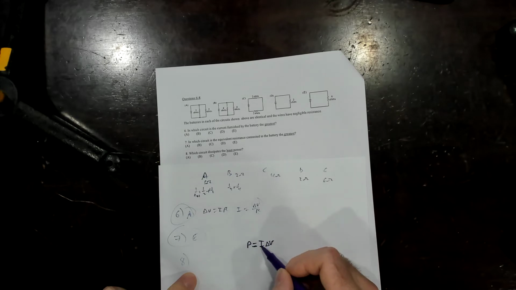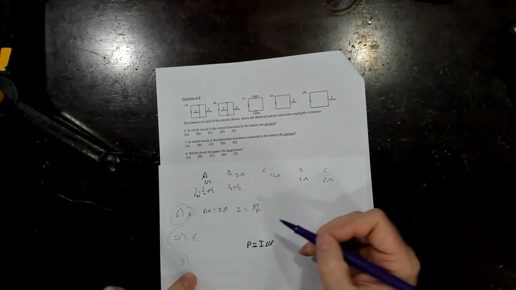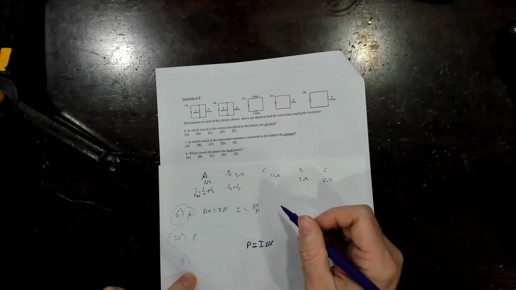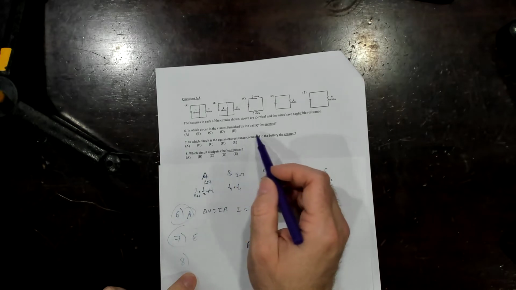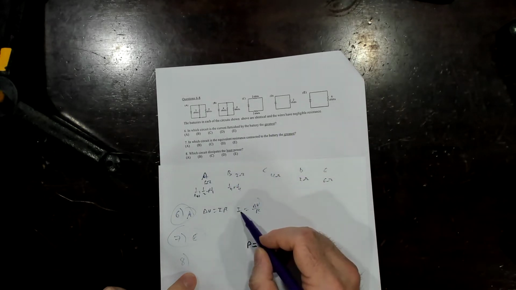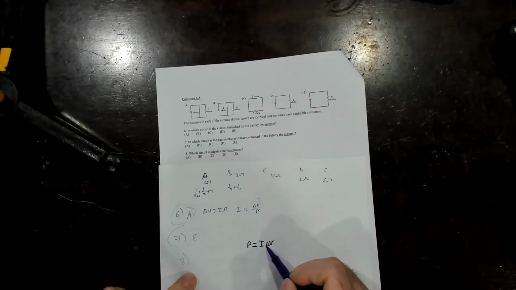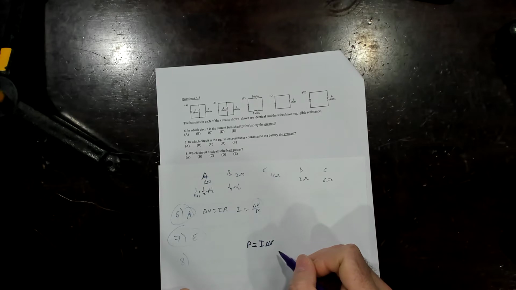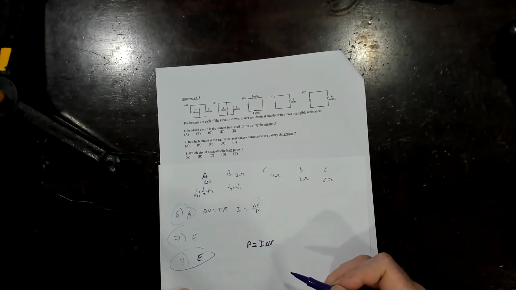So whichever one has the smallest current is the one that has the smallest power, because the delta V's are all the same. Which one is going to have the smallest current? Earlier I asked which was the biggest current. The smallest current is the one with the biggest resistance, and that would be E. So E is going to have the smallest power. All right, so that's my answer there.